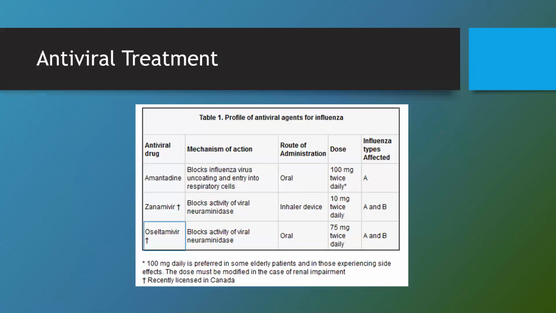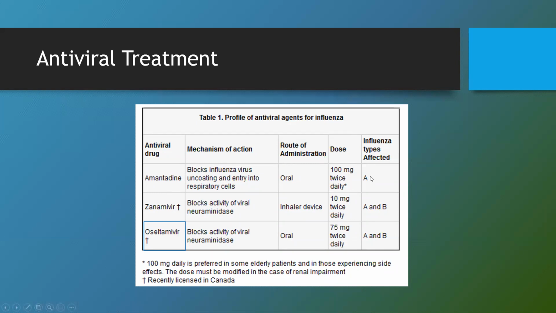Now we do have antiviral treatment for other viruses, and we'll talk about it. We have amantadine, which blocks the influenza virus by preventing entry into the respiratory cells. So this basically helps protect the respiratory tissue and makes it more difficult for the influenza virus to attach to the respiratory mucosa.